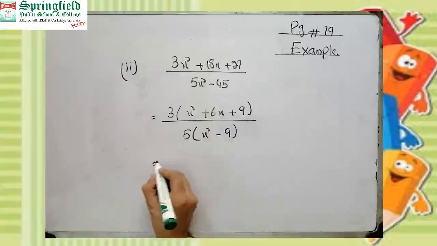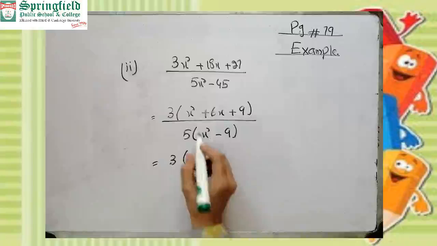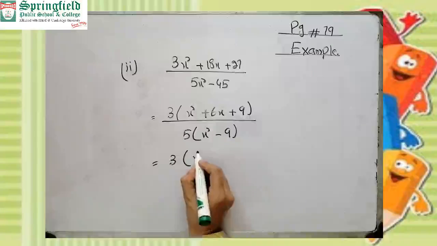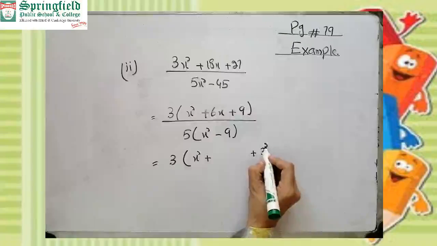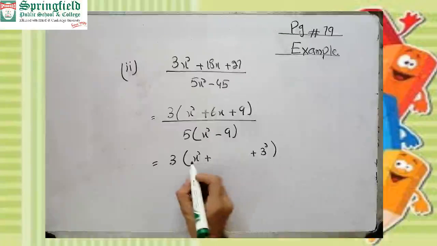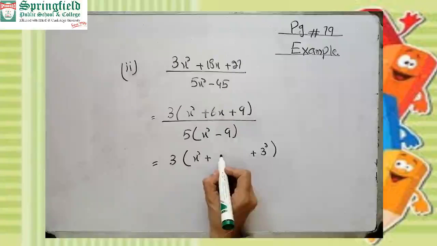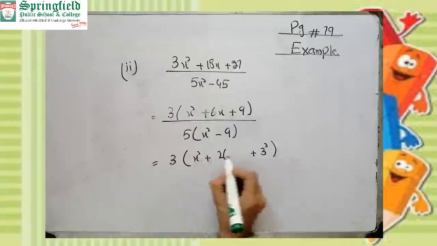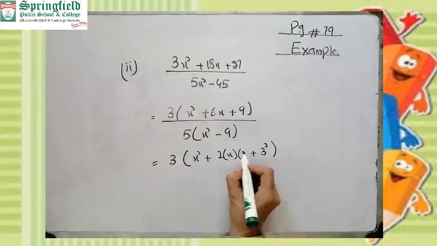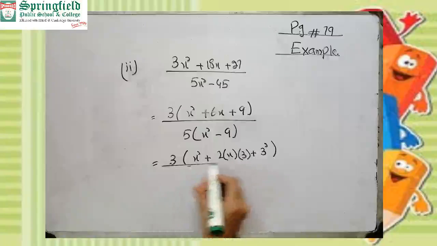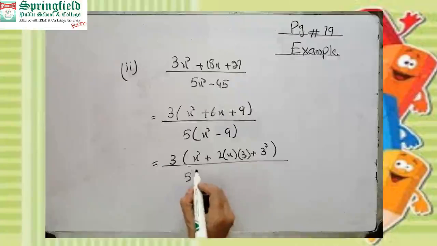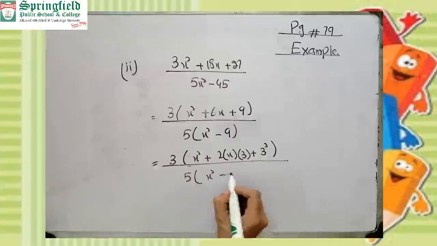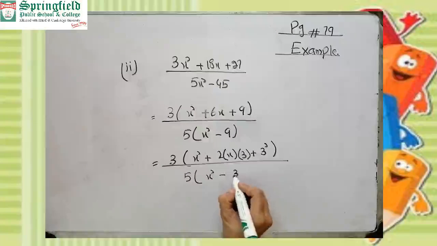Fine? Okay, now 3 times x square plus, write the last term 9 as 3 square. a square plus b square plus 2ab, it's a formula. 5 times x square minus 9 can be written as 3 square.